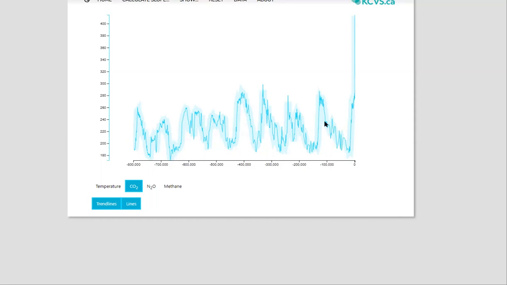Why did it cycle? Why did it go down and up and down and up? That's the ice ages, which you can link to fluctuations in Earth's orbit. A little bit of wobble leads to ice ages, and those can be predicted, but they happen over not 10 years or 100 years.